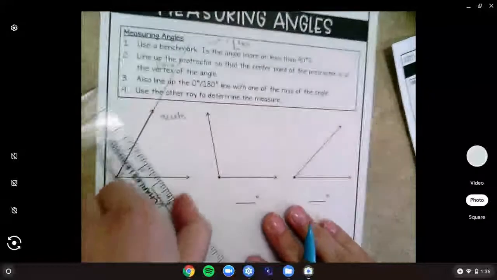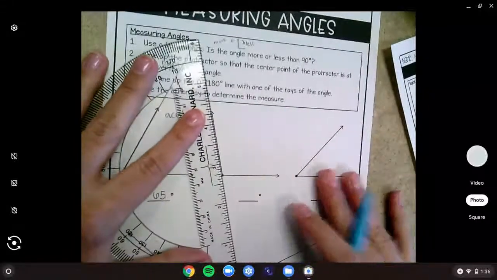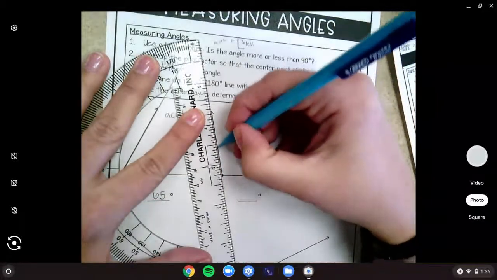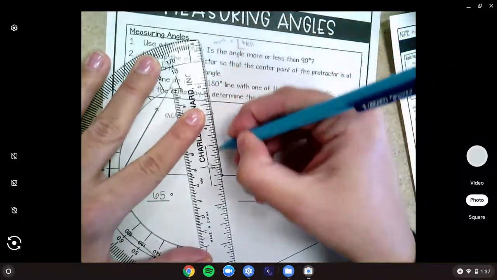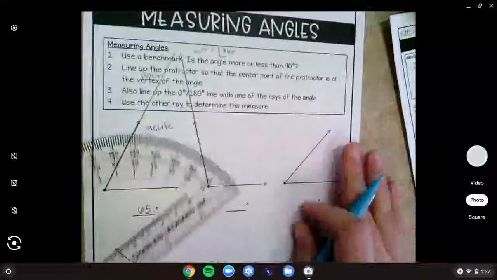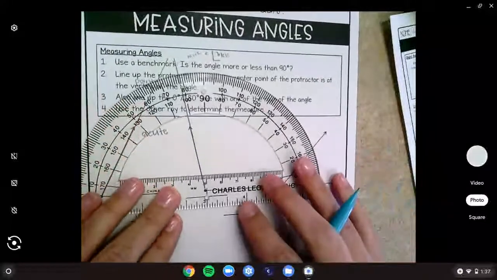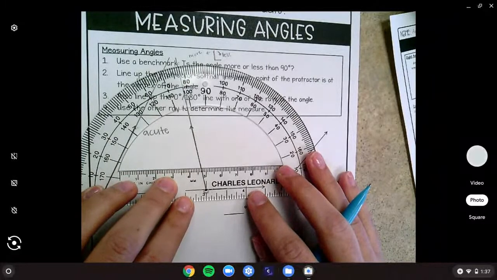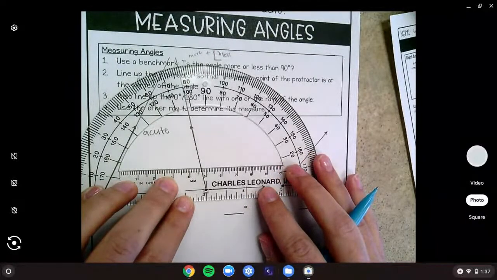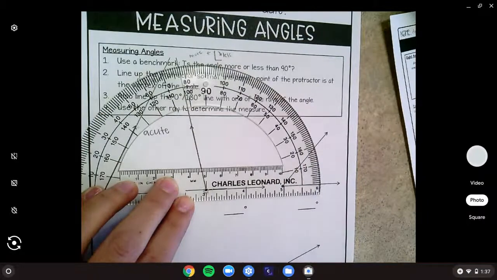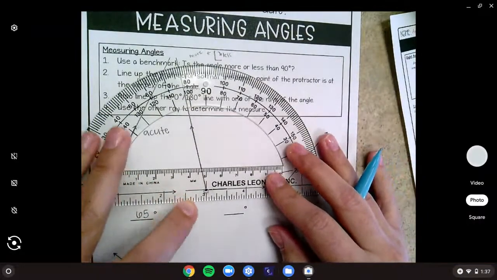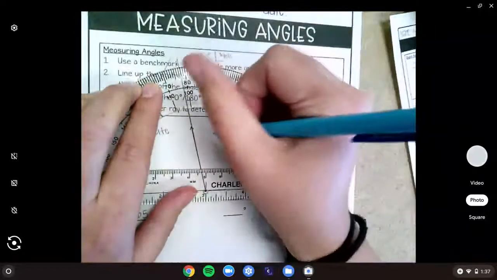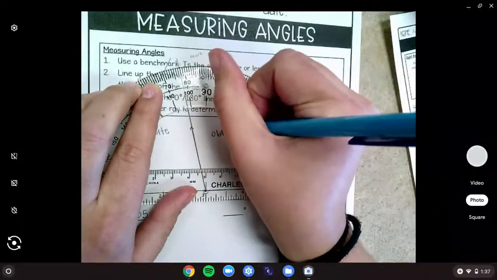So let's do that again. Let's try one more together. Let's extend this part of our angle, this ray. Stretch it out. Good. Now, we're going to line up our point and our line as best as we can. Good. All right, so now we know this kind of angle was obtuse.